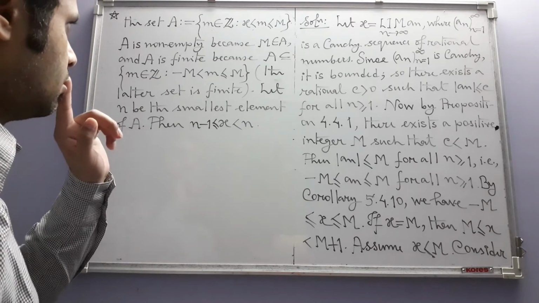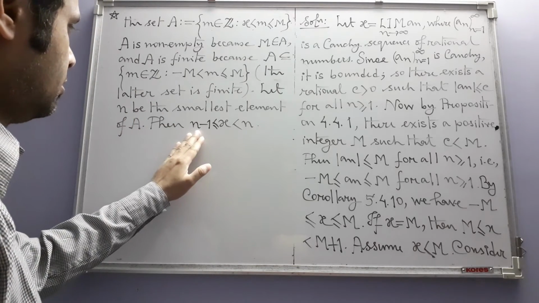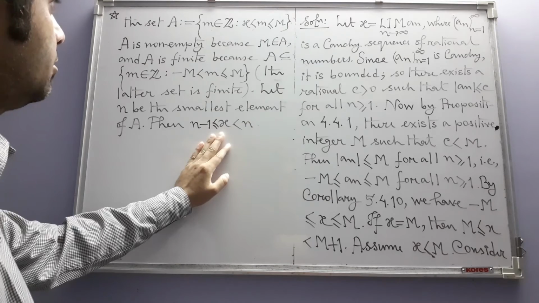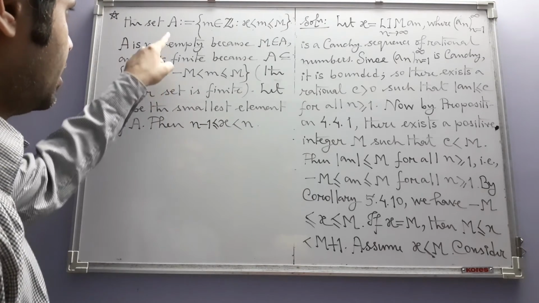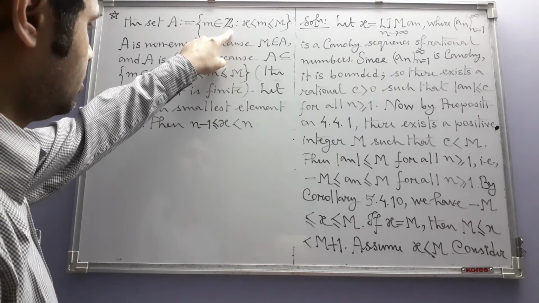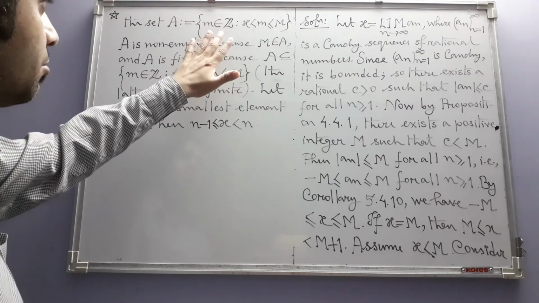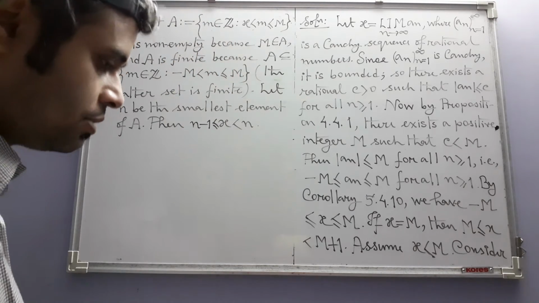Let me just make sure that this conclusion is actually true. If N minus 1 does not belong to A, that means what?